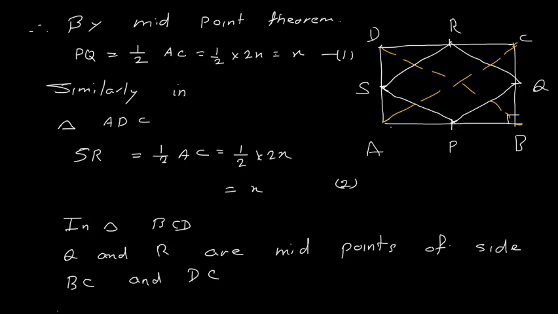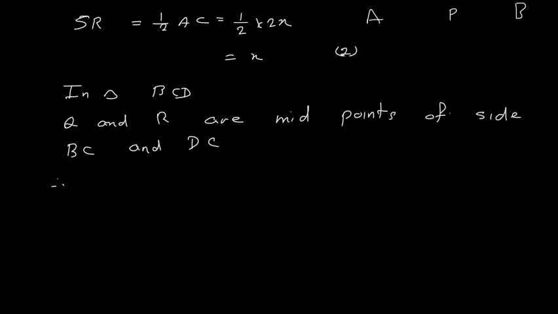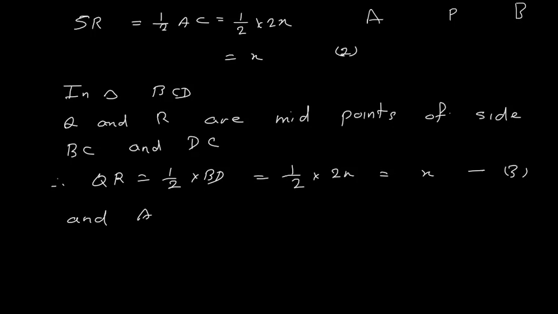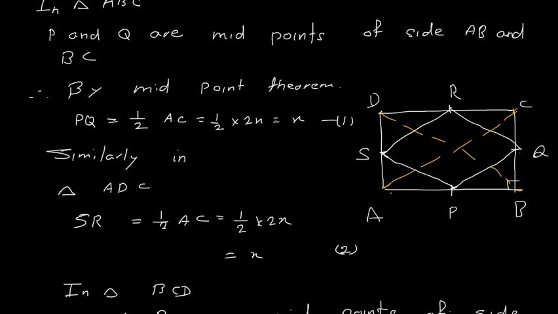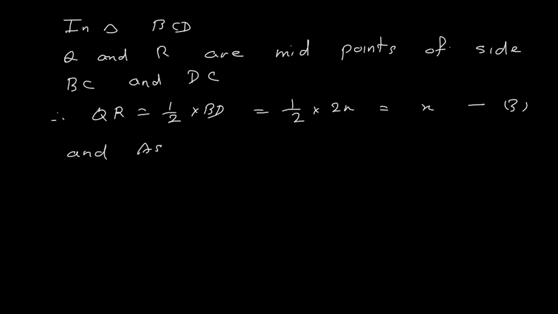Therefore, we can say that QR is half of BD. Now the value of BD is also 2x, so this is x. This is our equation number 3. And in the same way, PS is equal to half of BD, which is half of 2x, that is equal to x.